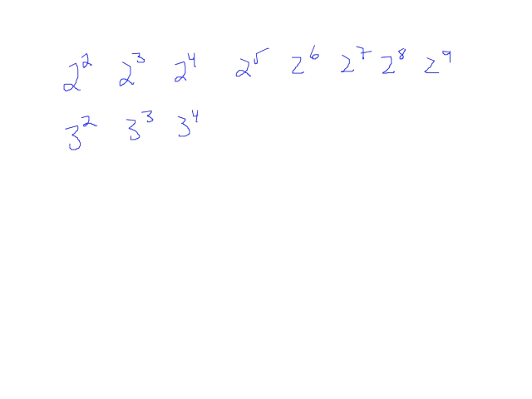I think you should have the following exponents memorized. 2 squared, 2 to the 3, 2 to the 4, to the 5, to the 6, to the 7, to the 8, to the 9. 3 squared, 3 to the 3, 3 to the 4 is all you need to memorize with the 3's. 4 squared, 4 cubed is what you need to remember for the 4's. 5 squared, 5 cubed, 6 squared, and all the way down to, let's say, 15 squared. Those are the ones you need to know. I think you should memorize these.